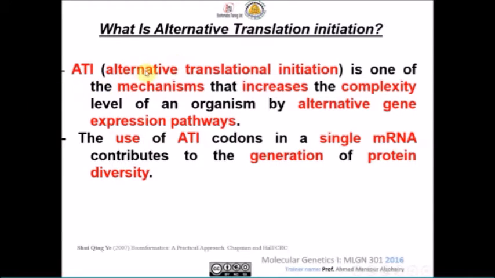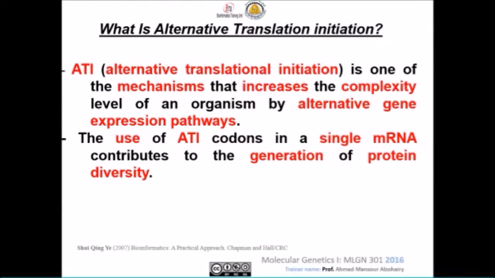ATI, alternative translation initiation, is one of the mechanisms that increases the complexity level of the organism by an alternative gene expression pathway. The use of ATI codons in a single messenger RNA contributes to the generation of protein diversity. So this is another mechanism that contributes to the generation of protein diversity.